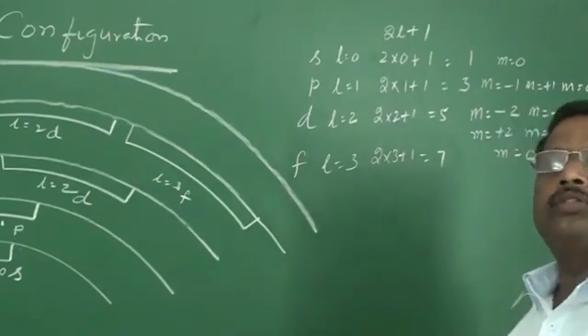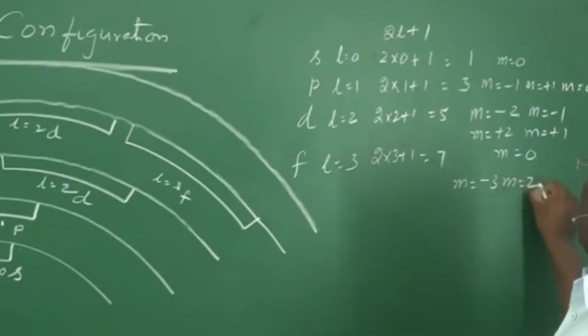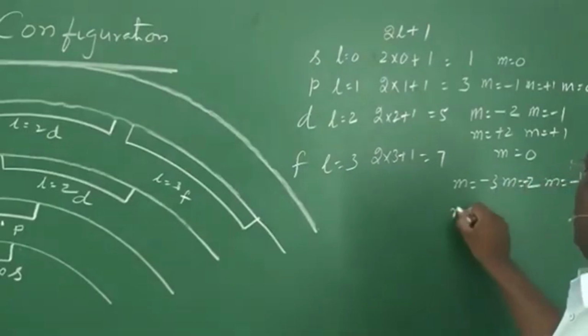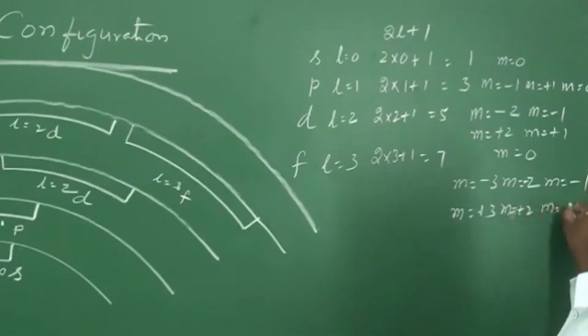Those 7 M values are M is equal to minus 3, M is equal to minus 2, M is equal to minus 1, M is equal to plus 3, M is equal to plus 2, M is equal to plus 1, and M is equal to 0.